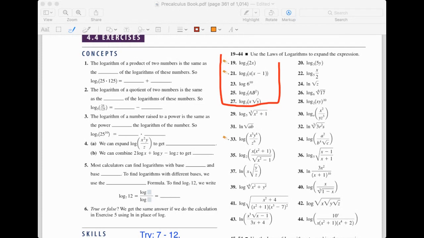All right. So for 19, we have log base 2 of 2 to the x. So what I did was I rewrote it as 1 plus log base 2 of x. Yeah, you're right.